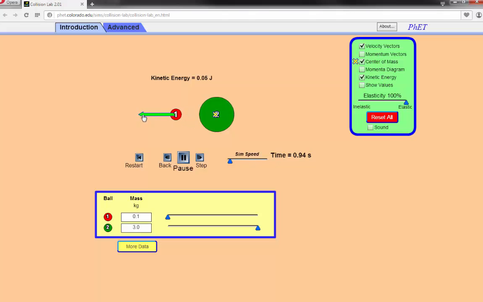So it hits, it bounces off, and you notice that the length of this arrow is almost the same length that it was, but in the opposite direction as before. So think of that in terms of the rubber bouncy ball hitting the earth with 100% elasticity. Basically, this would mean that the rubber bouncy ball bounces off with the same speed that it had when it first impacted the earth, which makes sense because the earth is barely going to move.